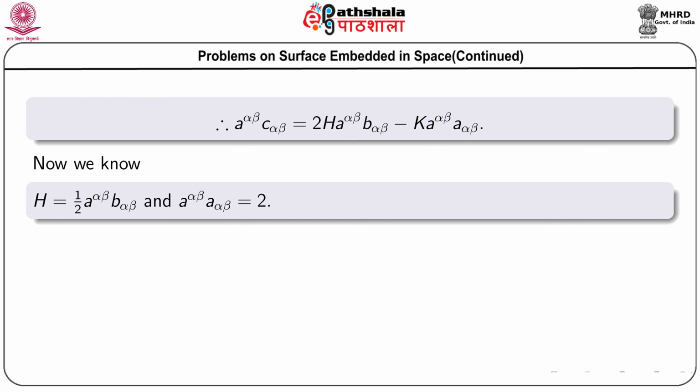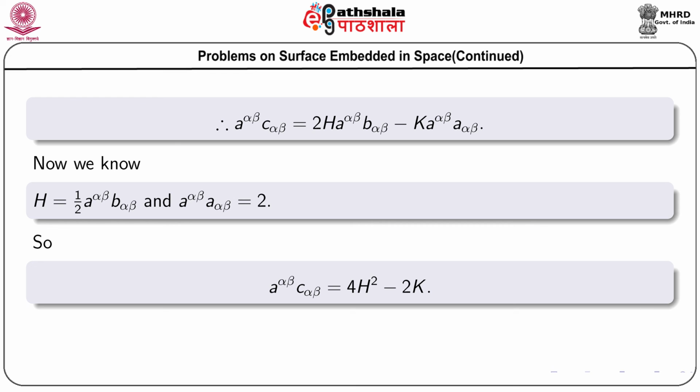So, if we put the values in the upper equation, we get A upper alpha beta C alpha beta equals 4 h square minus 2 k. So, this is the relation obtained between the inner product of A alpha beta and C alpha beta with the mean curvature and Gaussian curvature.